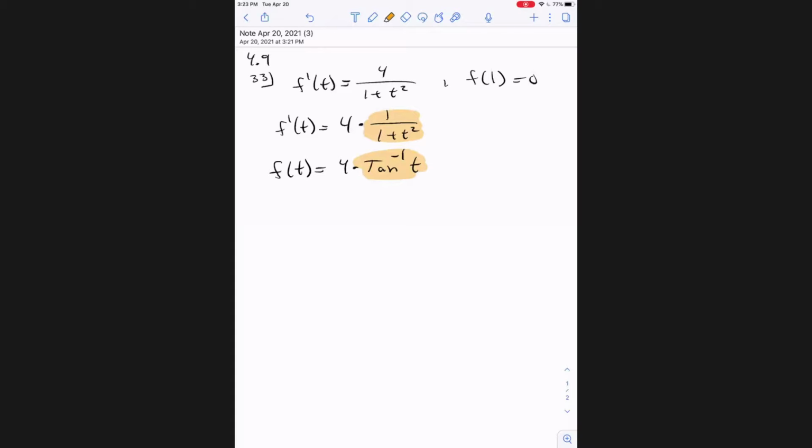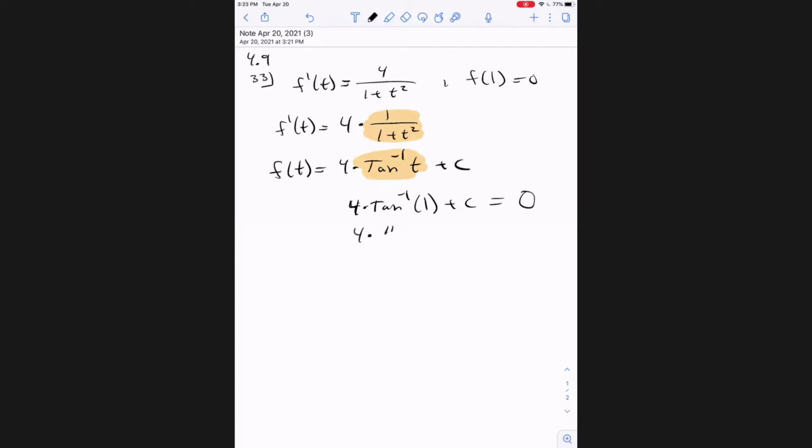Yes? So now I'm adding plus c. Now let's deal with f of 1 equals 0. That means if you plug in 1 for t, you should get an output of 0. So the arc tangent of 1, that means tangent of what angle gives you 1? That's the 45-degree angle, so it's pi over 4.